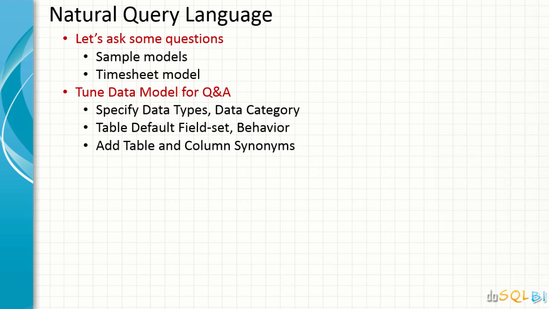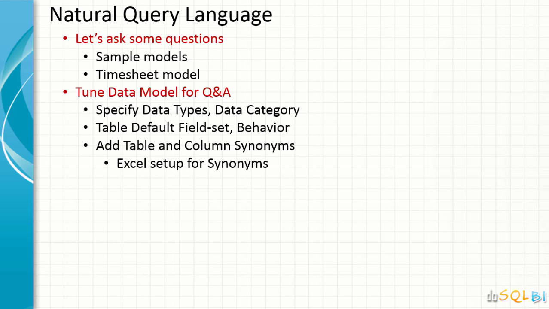And there is this very useful feature for Q&A that we can create table-level and column-level synonyms. That is basically a way to create additional metadata that the Q&A processor uses to get the most appropriate answer to our questions. So how do we get that?